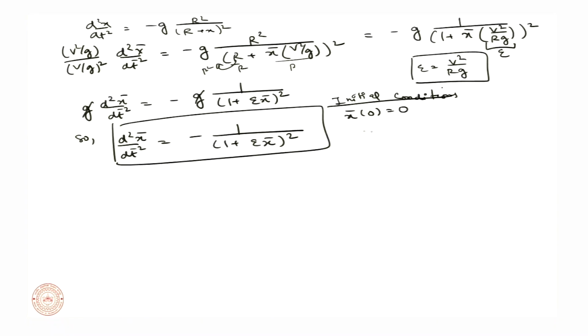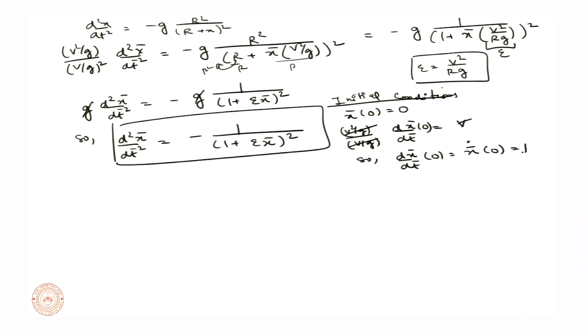So, we have dx by dt. So, x is v square by g divided by v by g dx bar by dt bar is equal to velocity. So, if you see, these terms get cancelled at time 0. So, dx bar by dt bar or x bar dot at time 0 is equal to 1.